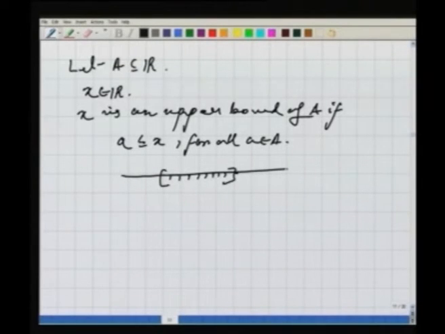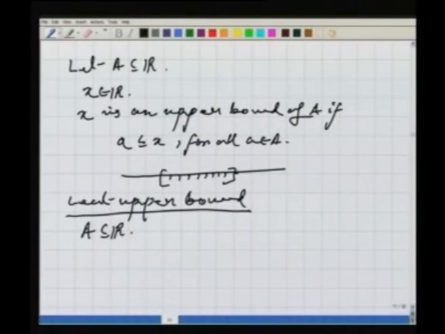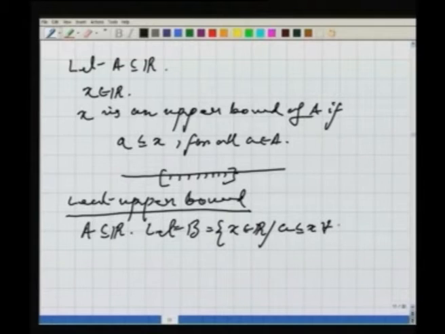Now, let us talk about the least upper bound. What does this mean? It means exactly what it says. It is the least among all the upper bounds. Let A be a set again, and let B be the collection of all real numbers x in R such that a is less than or equal to x for all a in A. By this symbol I mean for all.